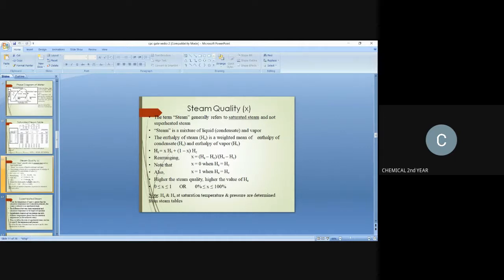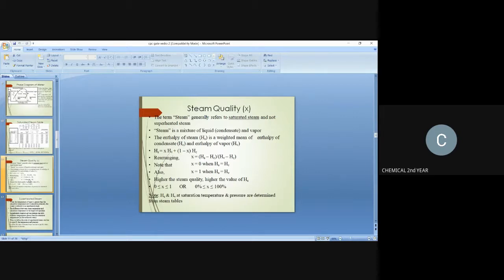Here x equals 0 when Hs equals Hc. When the enthalpy of steam is equal to enthalpy of condensate, the steam quality x will be 0. When the enthalpy of steam is equal to the enthalpy of the vapor, that is Hs equals Hv, the steam quality will be 1.